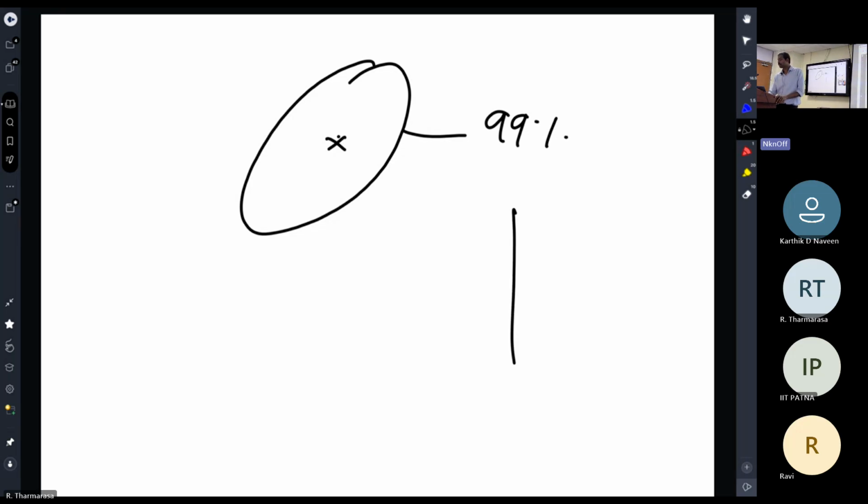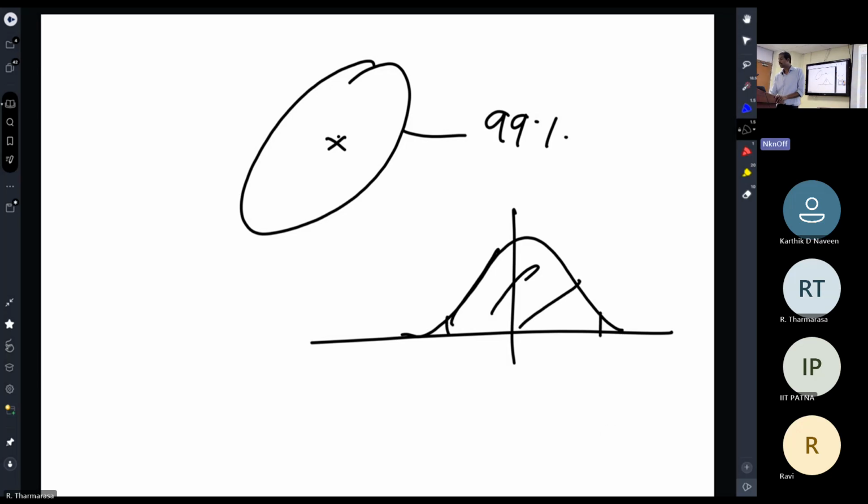With the Gaussian distribution in a single dimension, this is the region where the measurements can fall in. But in 2 dimensions, this is an ellipsoid. The covariance can be mapped to this ellipsoid. So this is the 99% confident region. That means the actual target is inside this region with 99% probability. 1% it could be outside.